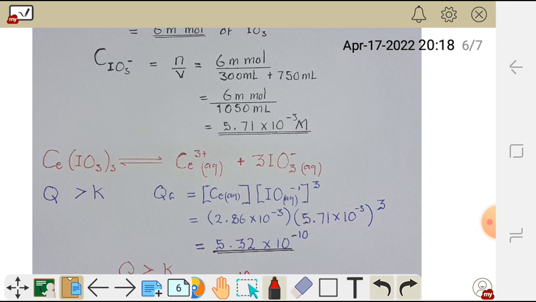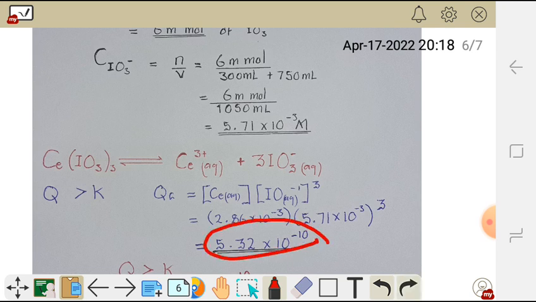The concentration of cerium we found was 2.86 × 10^-3, and the concentration of iodate was 5.71 × 10^-3, raised to the power 3. Why? Because it is the stoichiometric coefficient, we include it there. So our QC will be 5.32 × 10^-10.